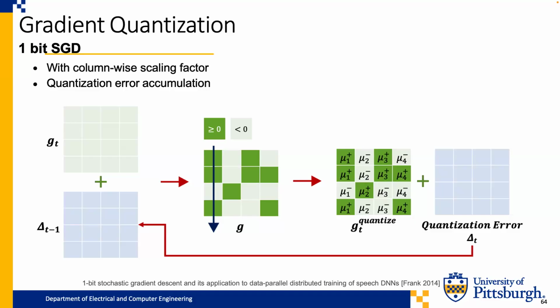So each gradient becomes a binary matrix plus a codebook, plus the quantization error, which is kept in the local worker and keeps communicating with the new gradient. So every time we transfer, we just need to transfer a binary matrix plus a small codebook. Does that make sense? Because we learned so many things about quantization, this should be quite straightforward.